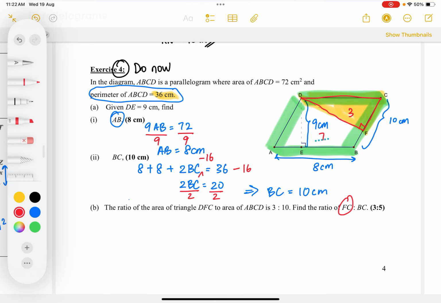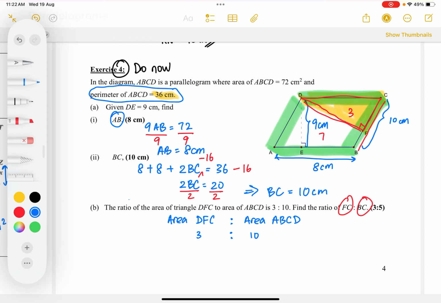Also, we've got BC over here, which is the base of the parallelogram with the same perpendicular height. Okay. So now we have something to work with. We can write down the ratio of the areas first. Let's start with the triangle to area ABCD. From the question, they told us that it is 3:10.